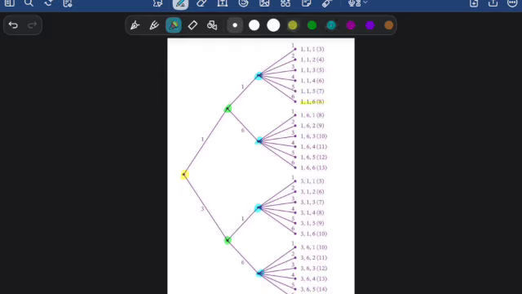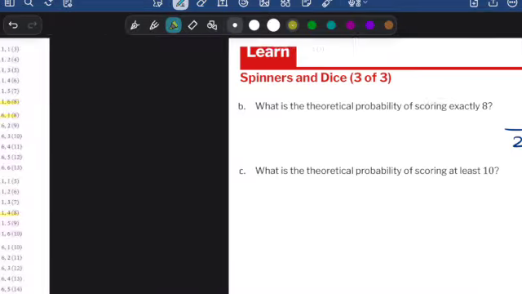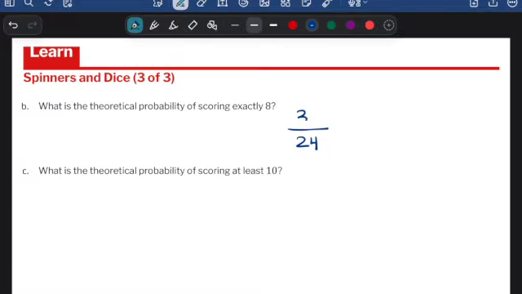So only 3 out of the total 24 would give us a sum of exactly 8, since we were looking for exactly 8. And if we simplified that ratio, we would get a 1 out of 8 chance to get exactly 8.